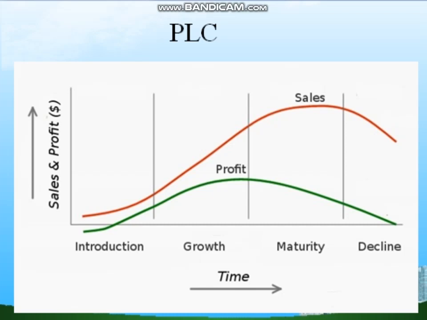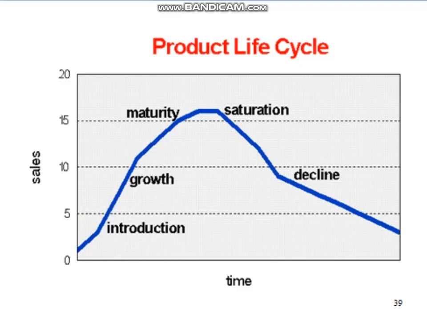In the maturity stage, sales will reach their peak and the profit will start declining. In the decline stage, the sales will be declining and the profit will also be reducing. And this is a product life cycle that shows the graphical representation of sales and time.